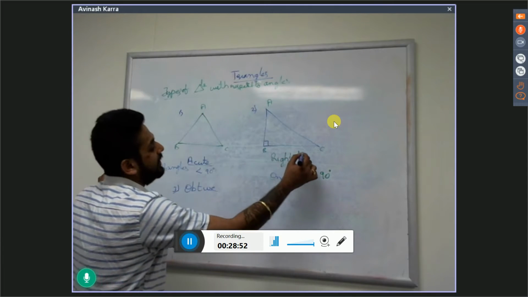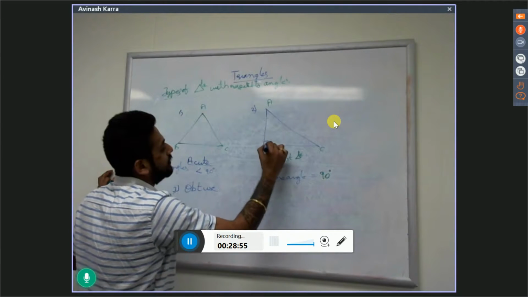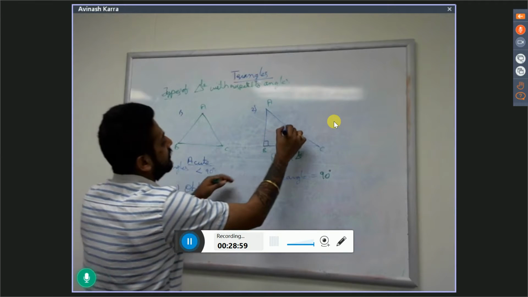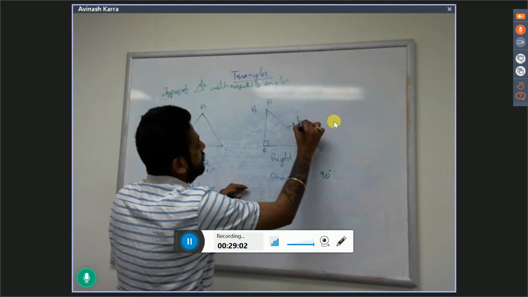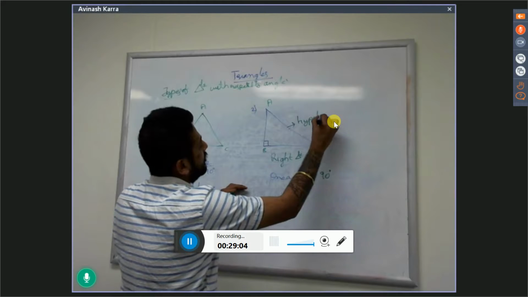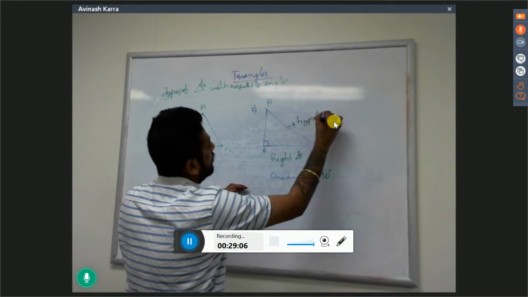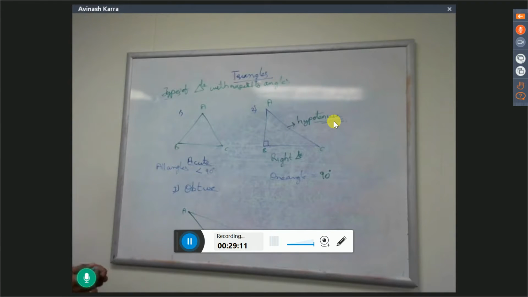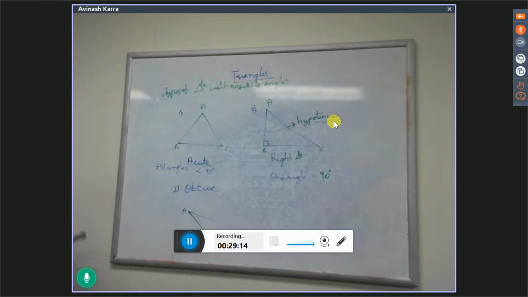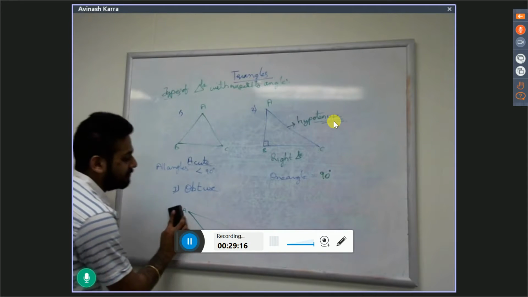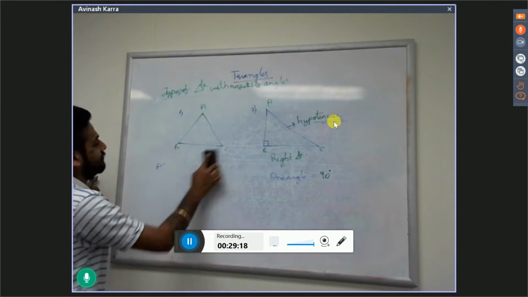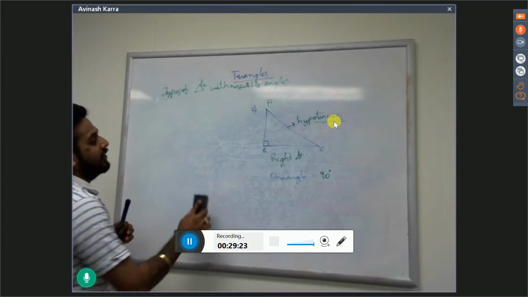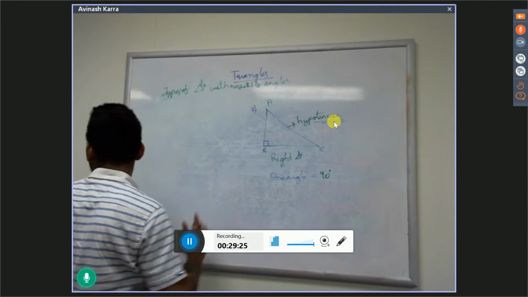And in a right angle triangle, the side which is corresponding to the right angle is called the hypotenuse. For the time being, let us forget about these two and concentrate on the right angle triangle.